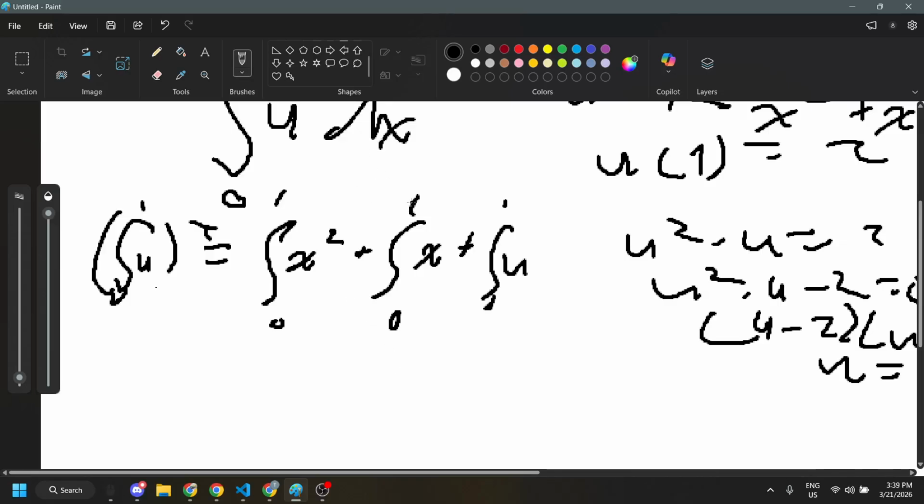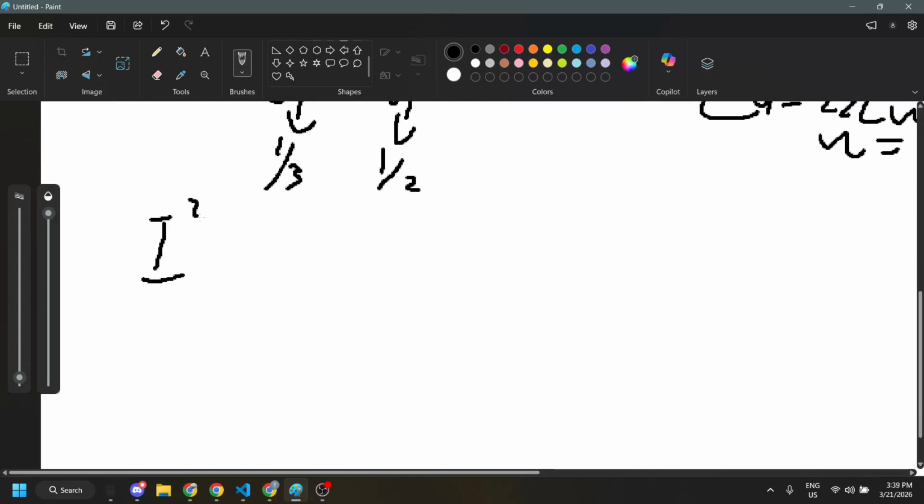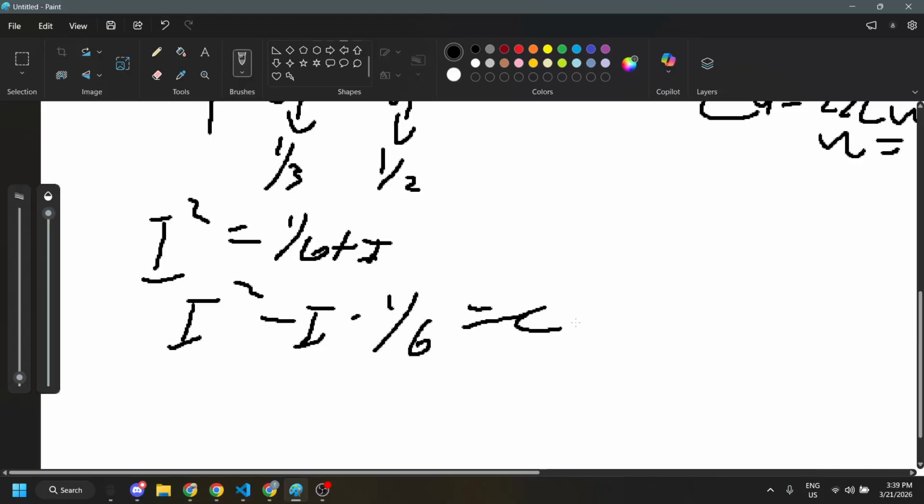Oh, we could figure out what this is. This is just 1/2 x squared, so this is going to be 1/2, this is going to be 1/2, and this is going to be 1/3. So we have I squared is equal to 1/6 plus I. Then we have I squared minus I minus 1/6 is equal to 0.